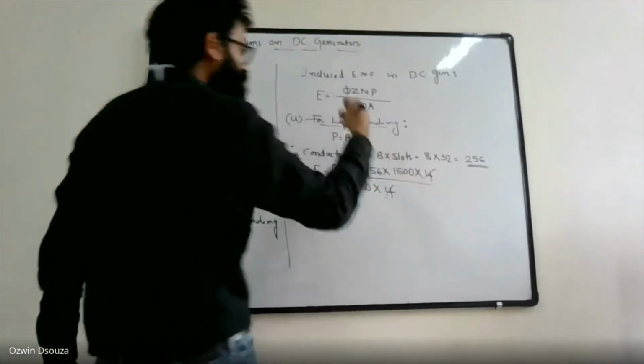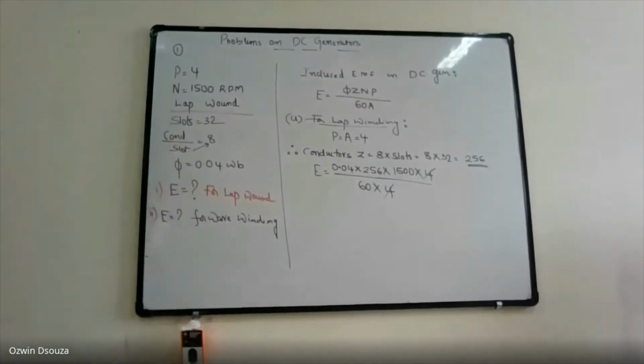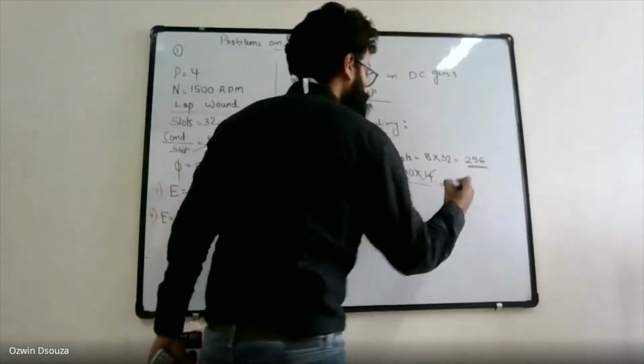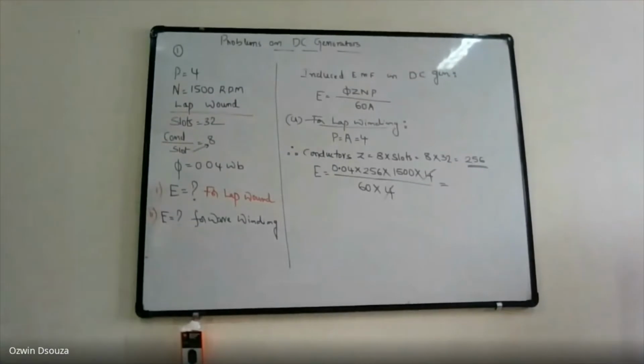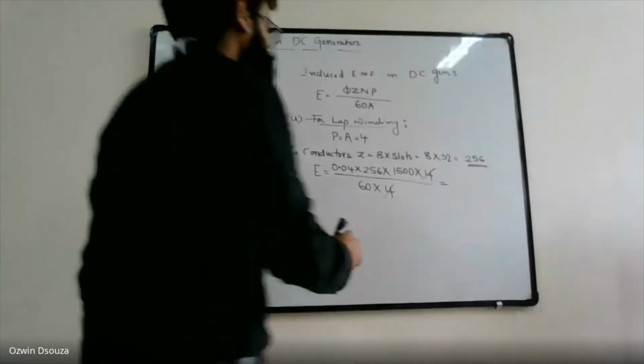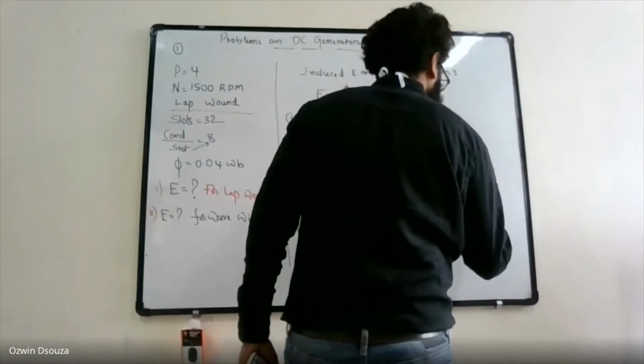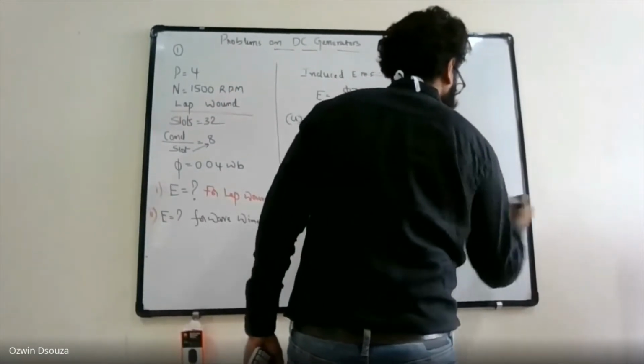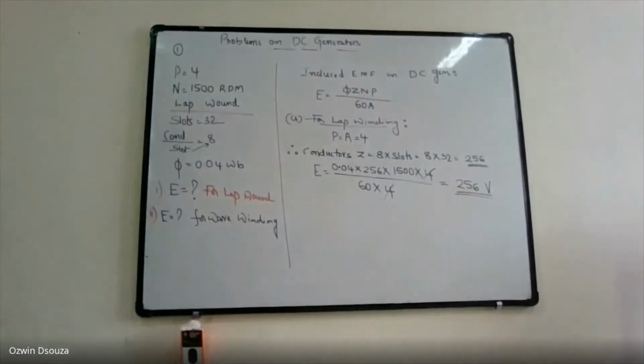So basically, P and A get cancelled off, due to which you will get the induced EMF as 256 volts.